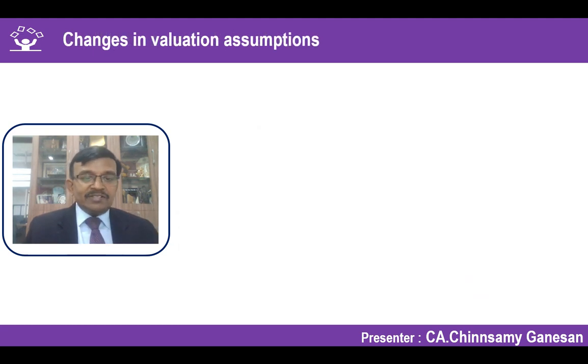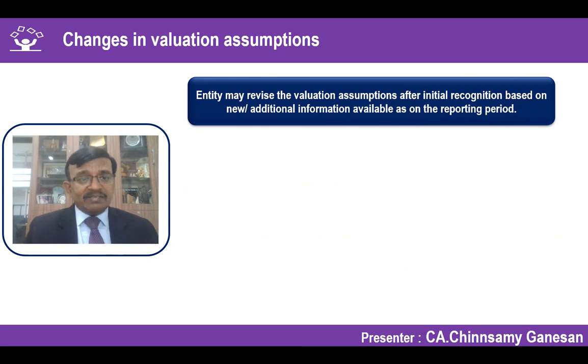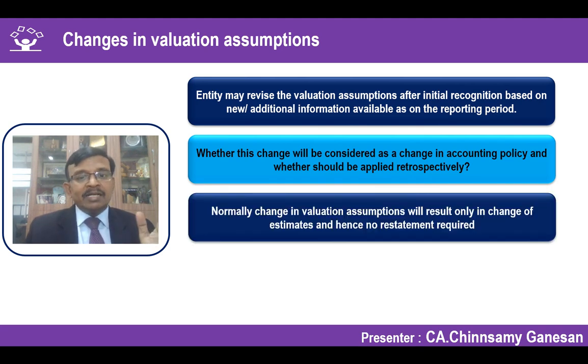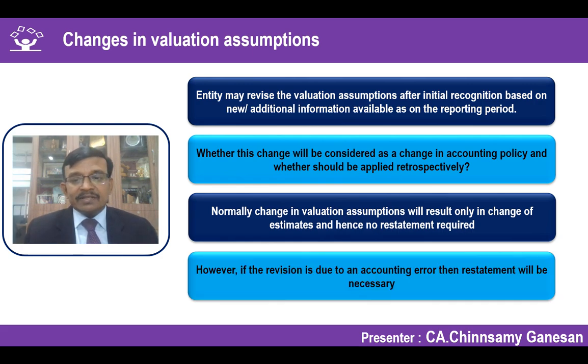Suppose there is a change in valuation assumptions, and we revise the valuation assumptions. In that case, should the change in valuation assumption be applied on a retrospective basis? No, it is a change in estimate, and accordingly, we have to consider that only as a prospective adjustment. No restatement of the previously reported numbers is required. Only the current year adjustment will be done on a prospective basis, being a change in estimate.